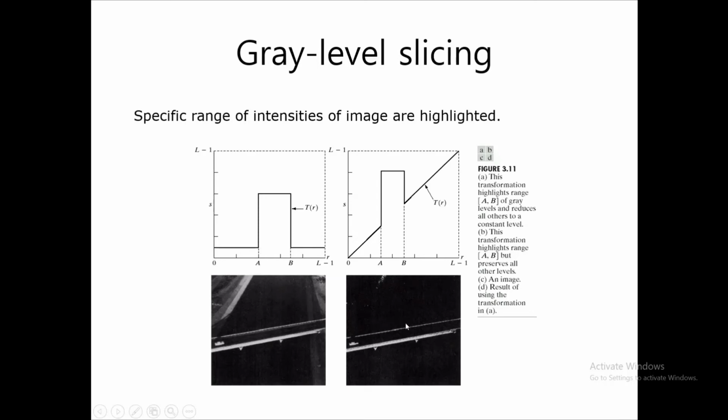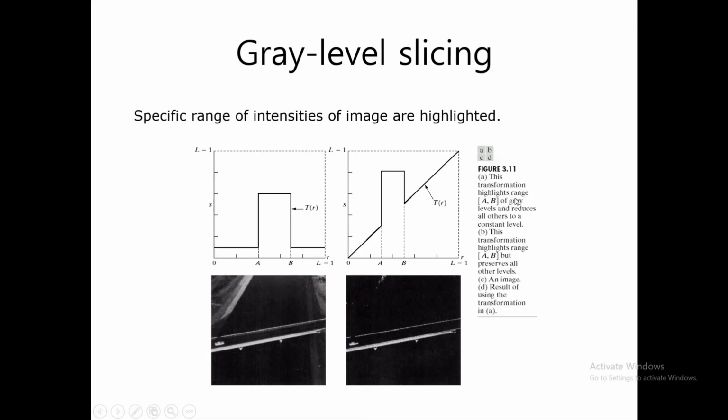In the other, we let the other pixels remain the same and just highlight some pixel values. We can see here the transformation of A and B.